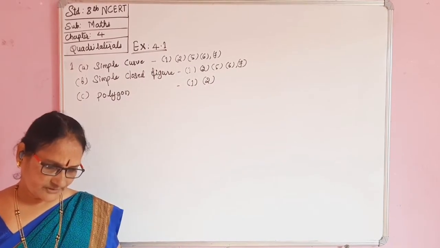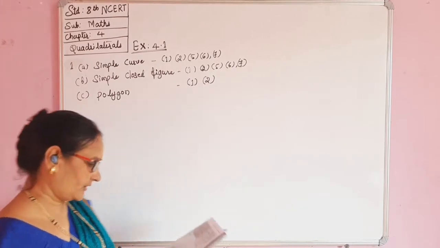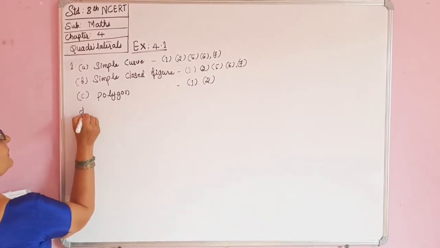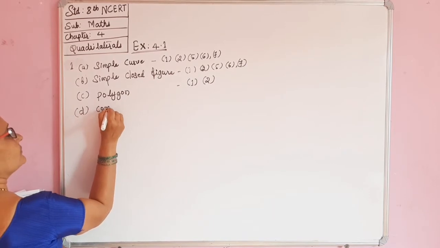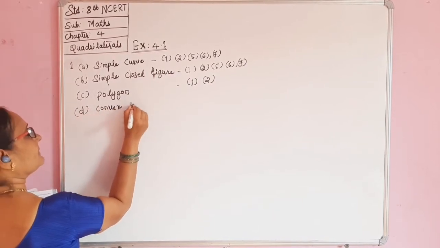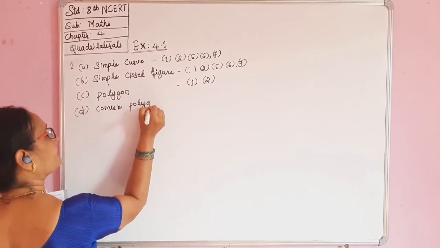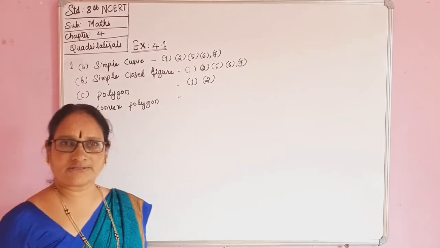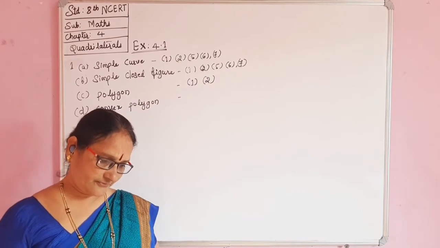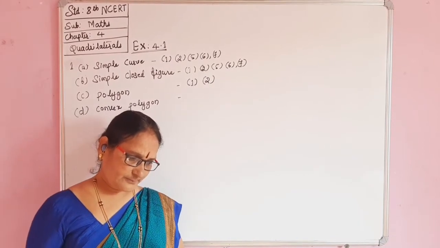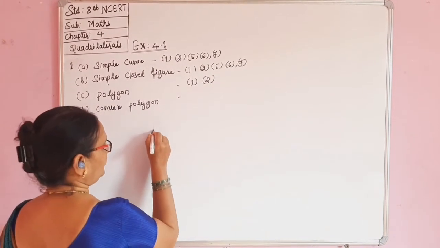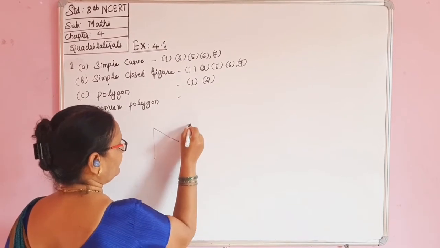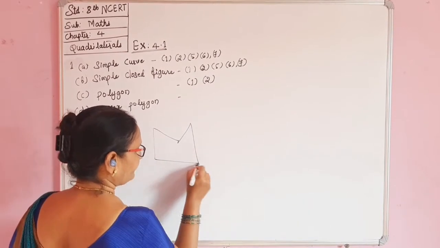Then we have to see the convex polygon. Which is the convex polygon in that? You know, in polygons, which type of figures are called convex polygons? See, the angles should come like this, inside.